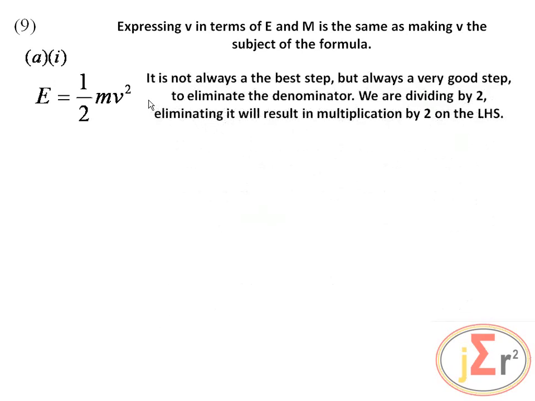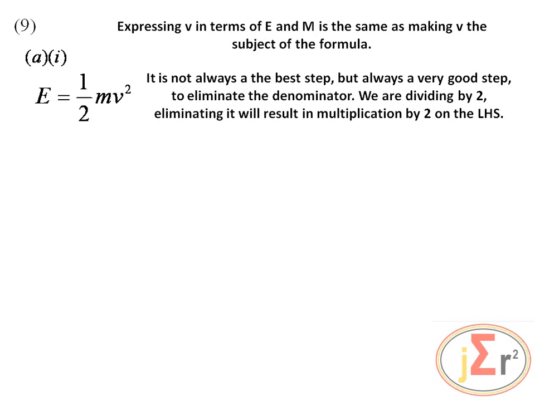It is not always the best step, but always a very good step to eliminate the denominator. So whenever we have an expression and we have a denominator, it is always a very good step to eliminate the denominator. It is called flattening the equation or flattening the expression.